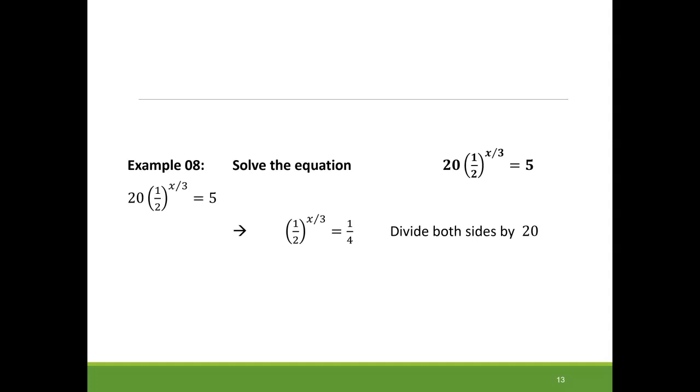Or, in this case, I could try to rewrite both sides so the base of the exponential matches. So I notice over here I have 1/2, over here I have 1/4. I can rewrite 1/4 as a power of 1/2 pretty easily, right? 1/4 is just 1/2 squared.